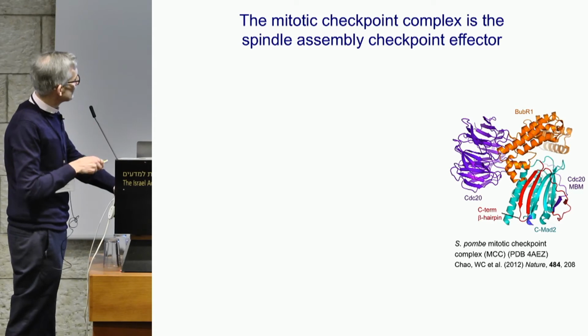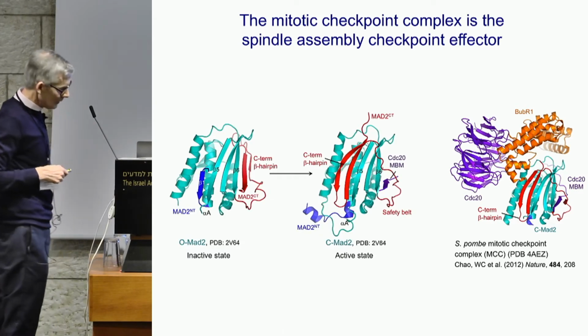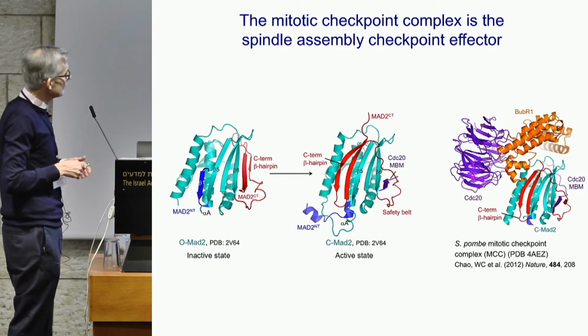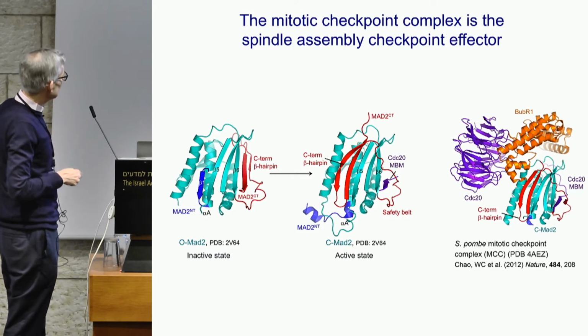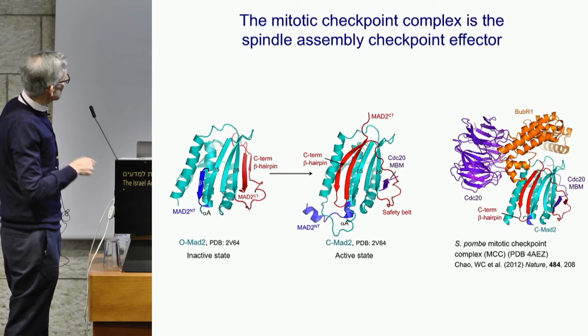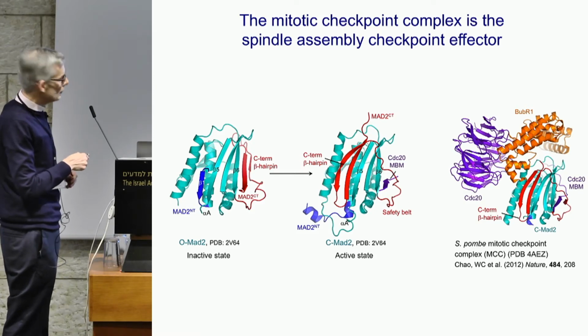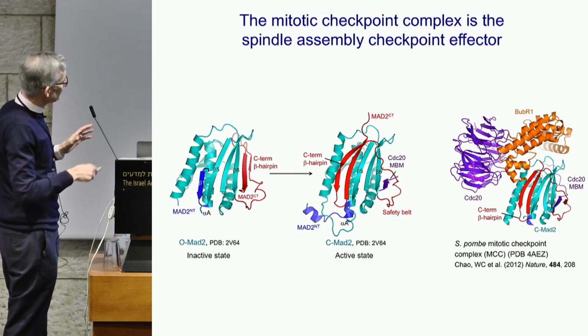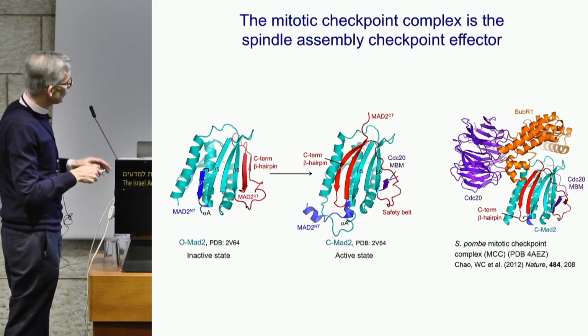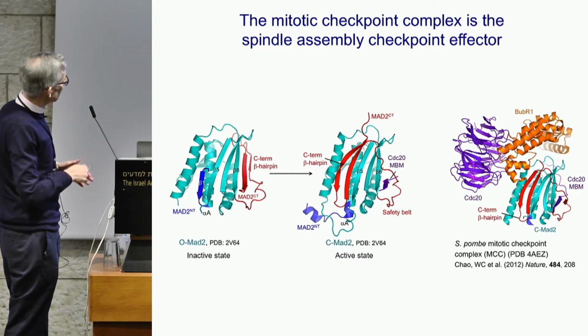But the assembly of this MCC complex requires a conformational change of the MAD2 subunit, shown here. In the inactive state of MAD2, called open MAD2, this state doesn't bind to CDC20. And on activation of MAD2 to the so-called closed state, which can bind to CDC20 and then bind to BUB1 to join the MCC, there's a large reconfiguration of the central beta sheet occurring.